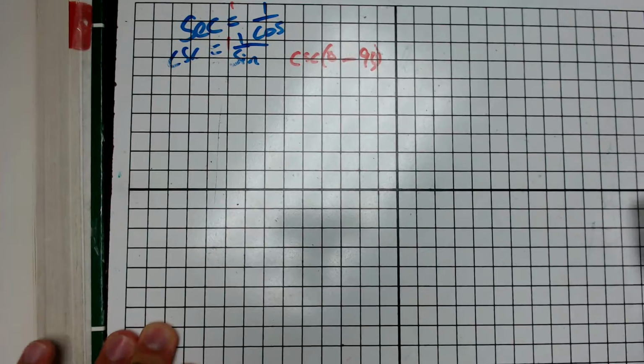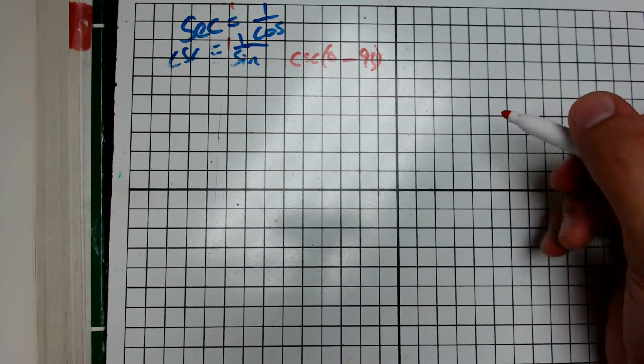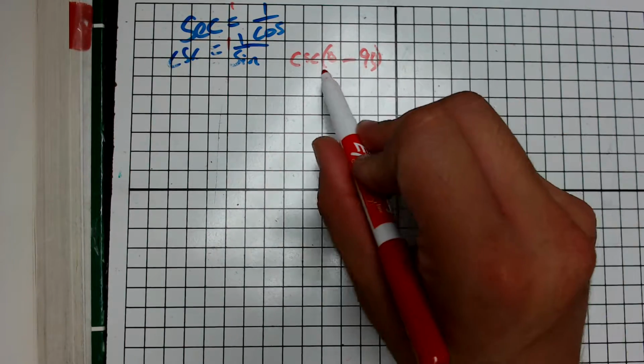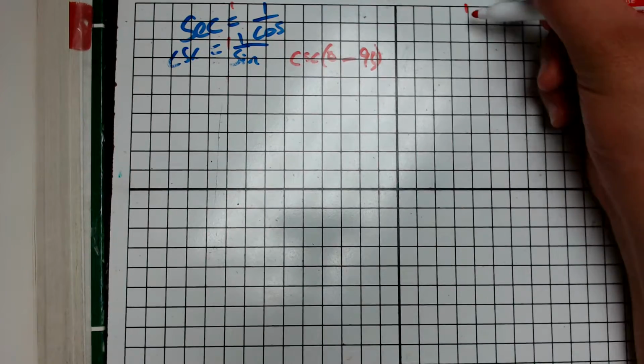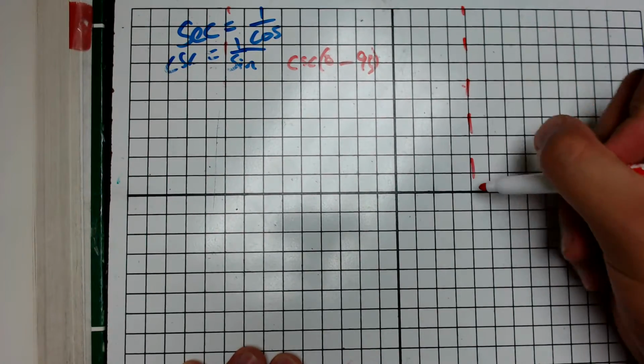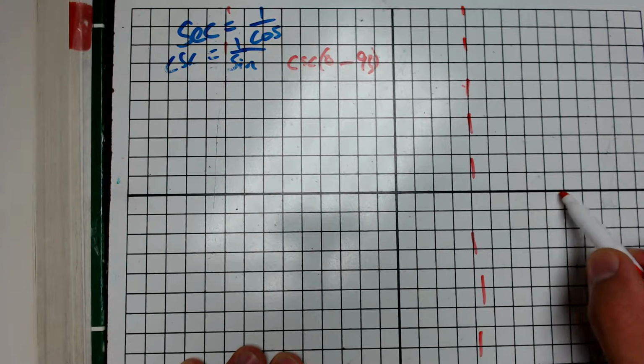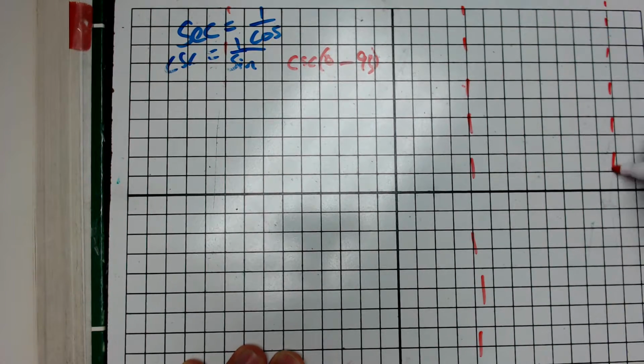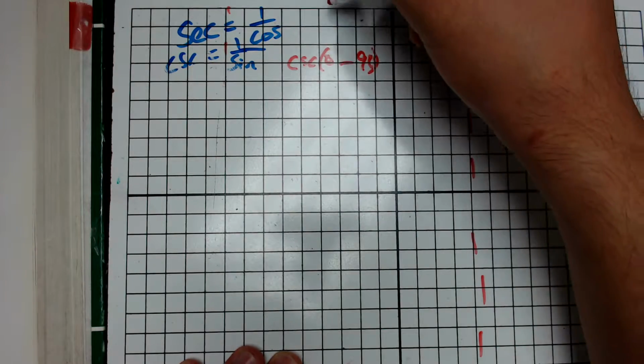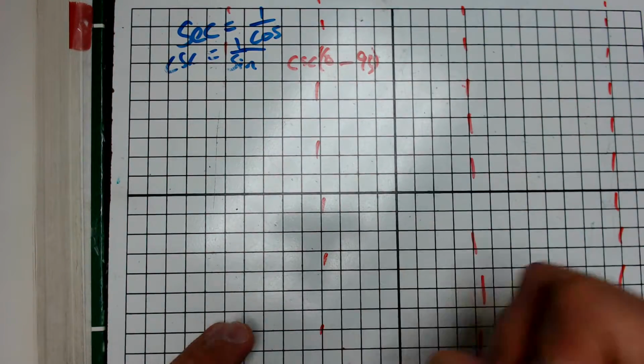Maybe I'll erase all this, and I'll just show you cosecant of theta minus 90. So if you remember, at 90 is usually where the peak is, but if it gets shifted to the right 90 degrees, that means my asymptote is now going to be at 90 degrees, and then another 180 degrees over, there will be another one, and 180 degrees to the left, another one.